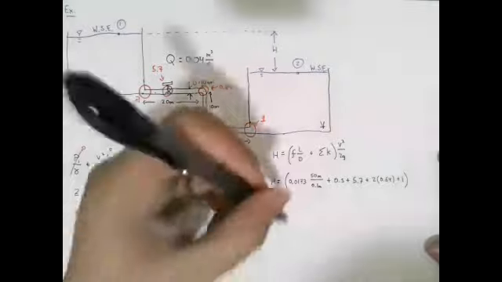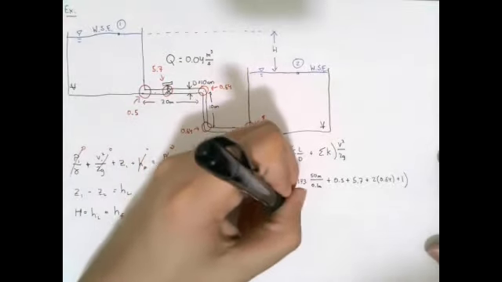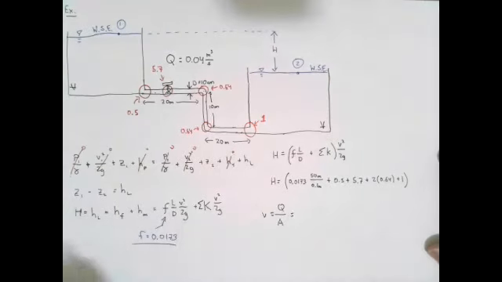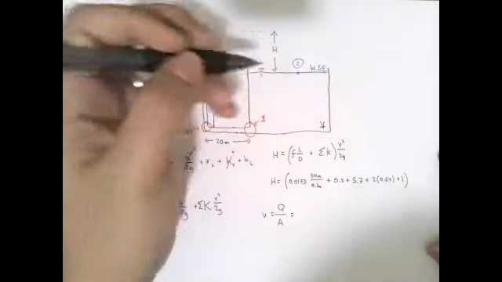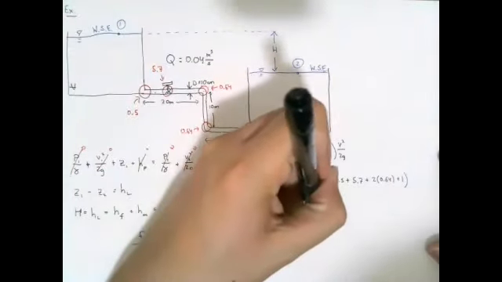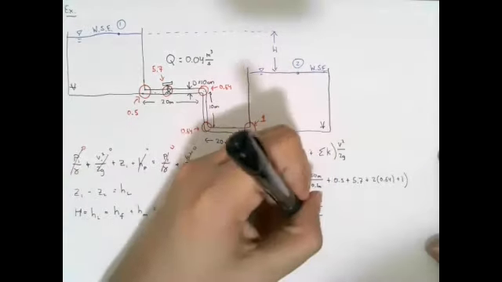The kinetic energy head is found by taking the velocity, which we know is flow rate over area. I know I'm a little bit ahead of time, so let me try to finish quickly. The velocity is calculated by taking the flow rate, which was 0.04 cubic meters per second, and dividing it by the area, which is pi over 4 times diameter squared.